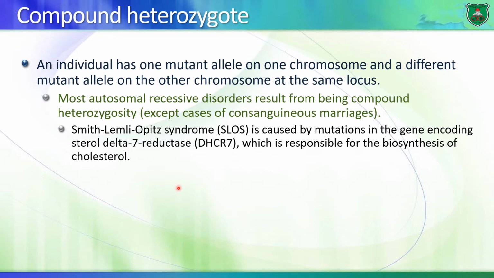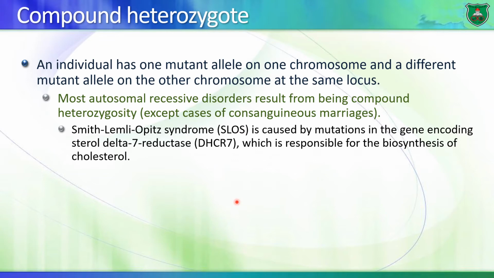So they have a good allele and a bad allele, and the good allele would dominate over the bad allele. But some of their children might be affected because they would inherit the mutated alleles from their parents, so they do not have a good copy of the gene. Most autosomal recessive disorders result from compound heterozygosity, except if there is consanguineous marriage.